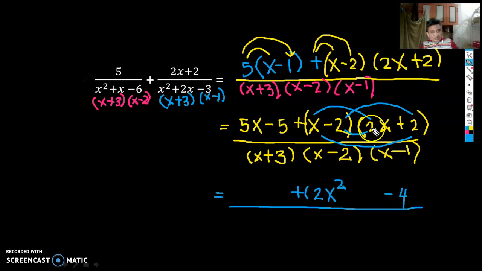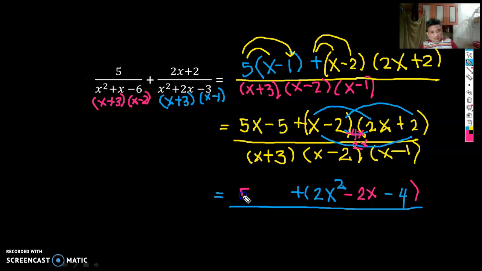Negative 2 times 2x is negative 4x. Then x times positive 2 is 2x. Adding them, the result is negative 2x.